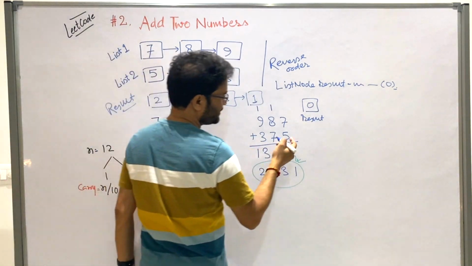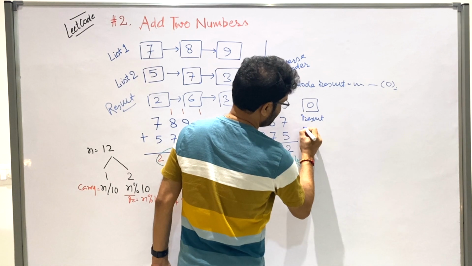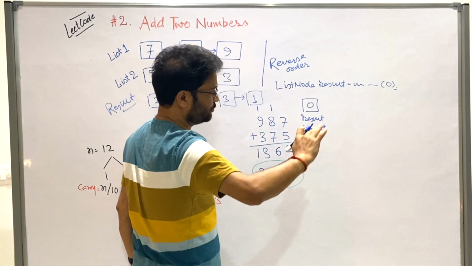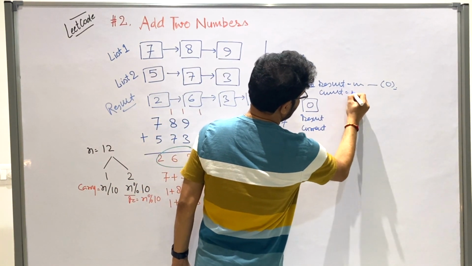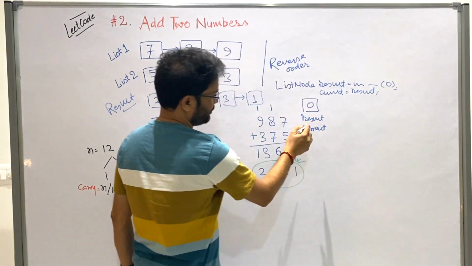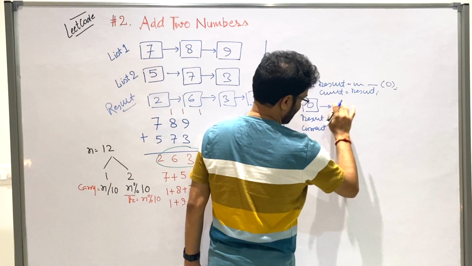I will create another one, you can give any name, current, which will move. So we do the current also and pass the result here. So both are pointing to this one, right? And then we can start our method here.